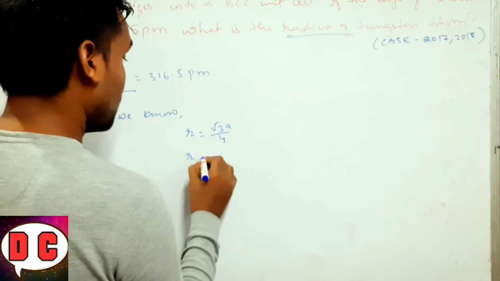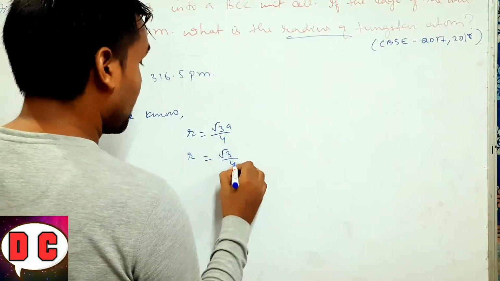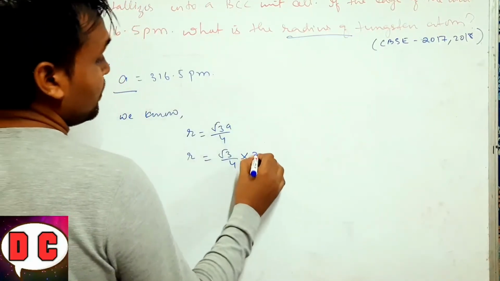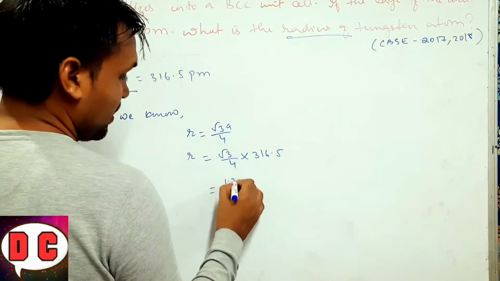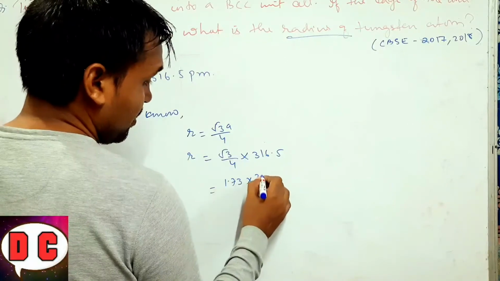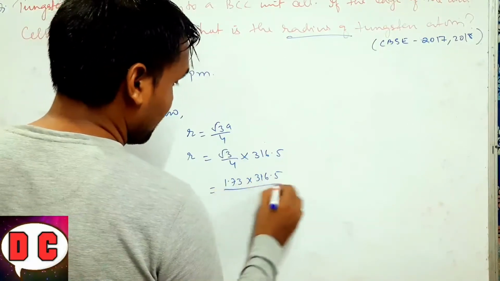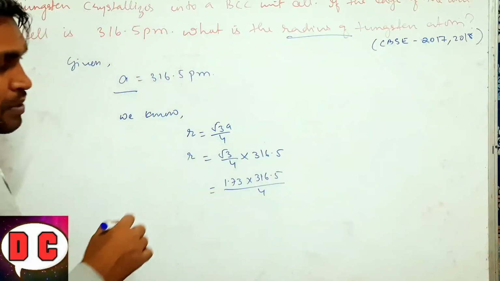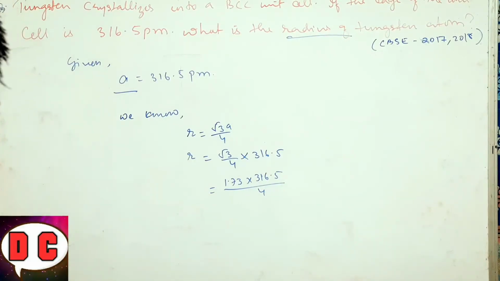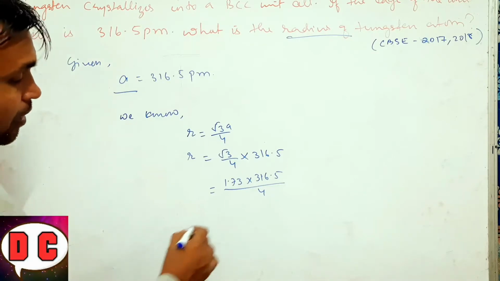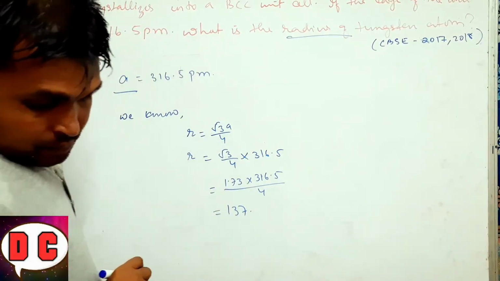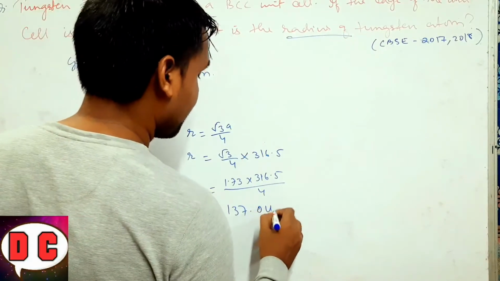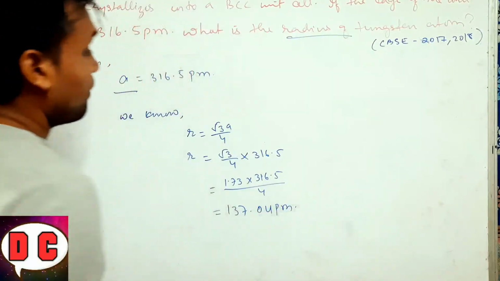So R we don't know, root 3 by 4, and A is given as 316.5. So you have to do 1.73 into 316.5 divided by 4. When you multiply and divide, you get 137.04 picometer. So this will be the answer.